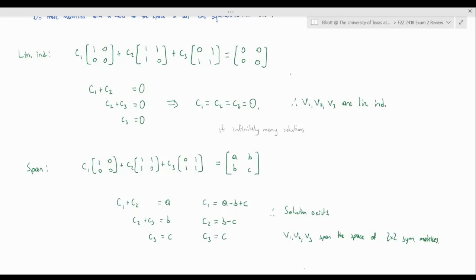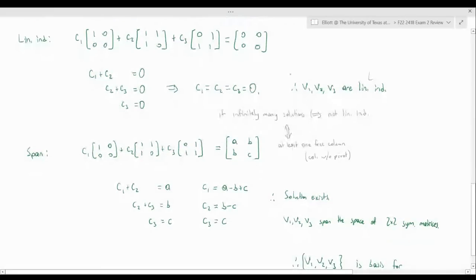And to have infinitely many solutions, remember that means that you have at least one free variable or at least one free column. If you're not too familiar with that, we'll talk more about it. But you have at least one free column, meaning at least one column without a pivot.